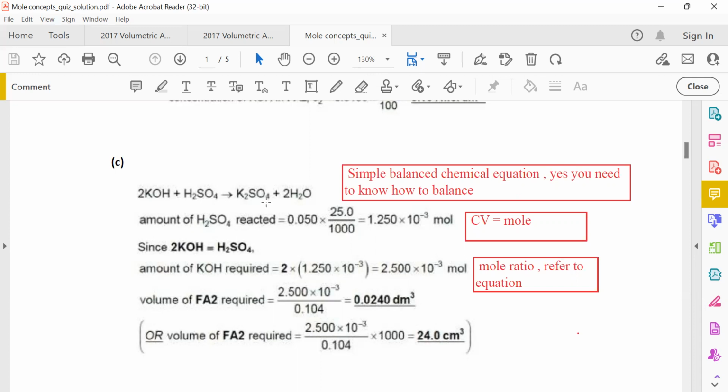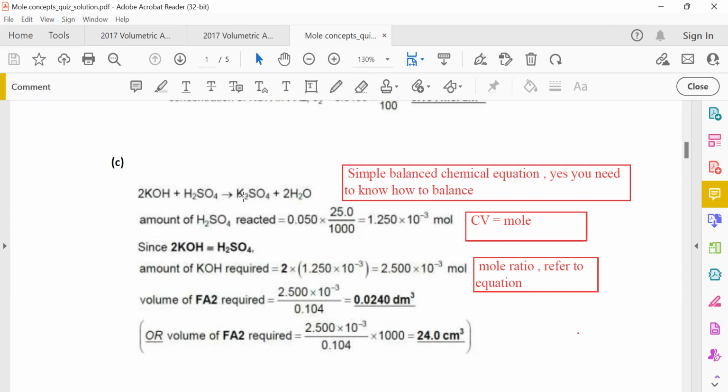What do I mean by that? Basically, the formula of the chemical must be correct. If you do not know that potassium sulfate is K2SO4, then obviously that is a big challenge. And you know why it is K2SO4, because SO4 is 2- and K is K+, so the formula of potassium sulfate will be K2SO4.